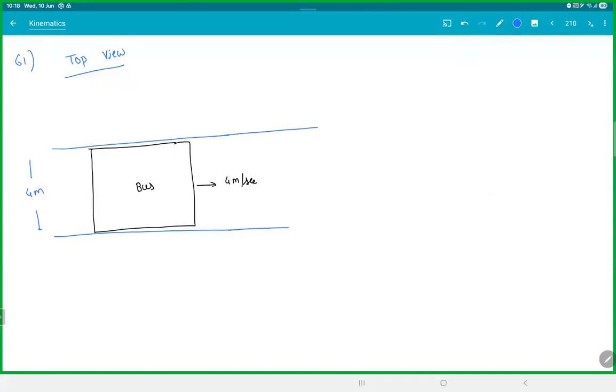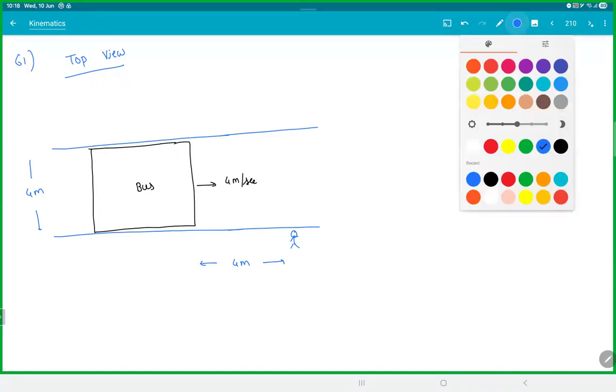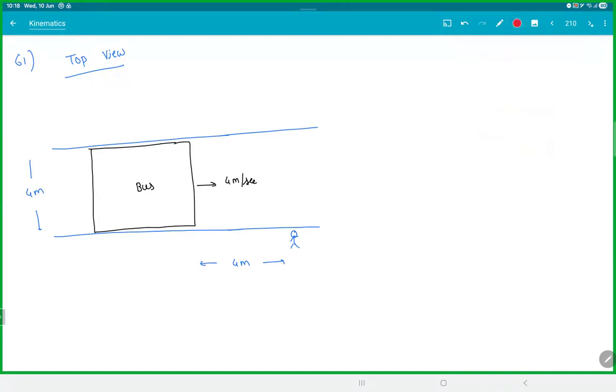So you're standing somewhere here and you want to cross the road. You're also standing at a distance of 4 meters. I'm keeping everything 4. And you decided I want to cross the road. You're looking at this from the top, okay? It's a drone view. So the bus fits exactly on the road and moves with 4 meters per second.